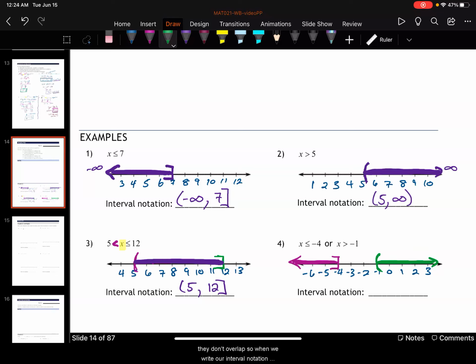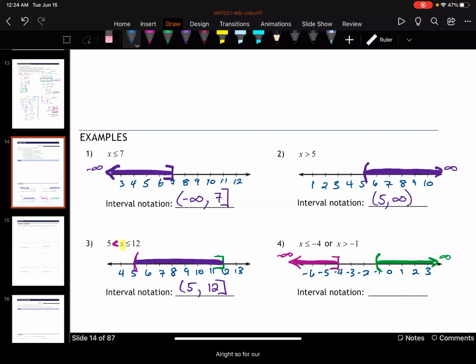They don't overlap. So when we write our interval notation, we're actually going to have two separate ones that we are going to join with a union symbol to show that they go together.